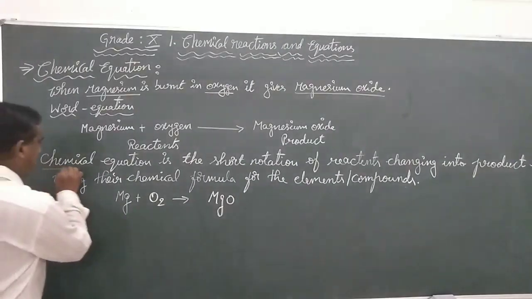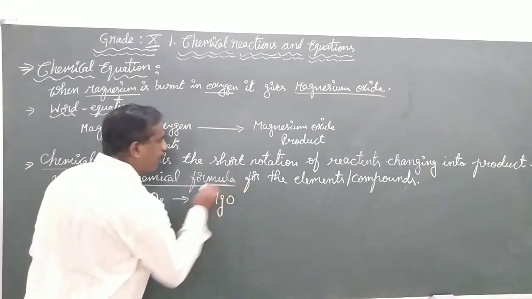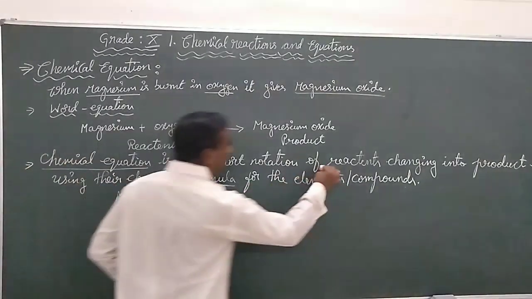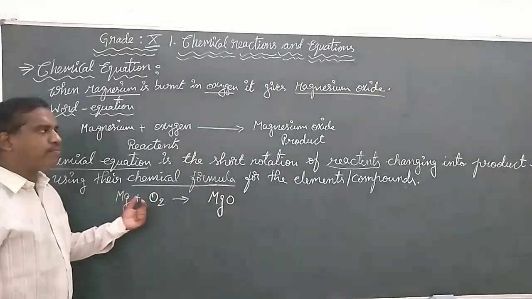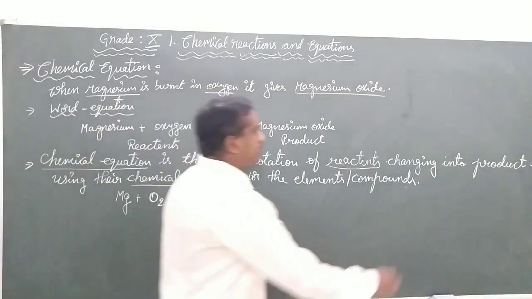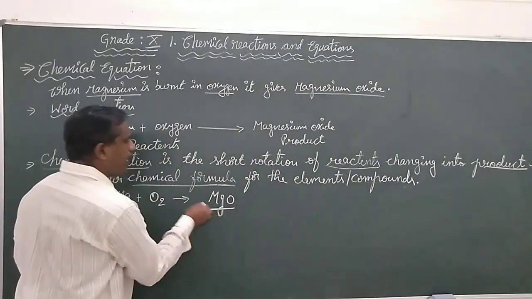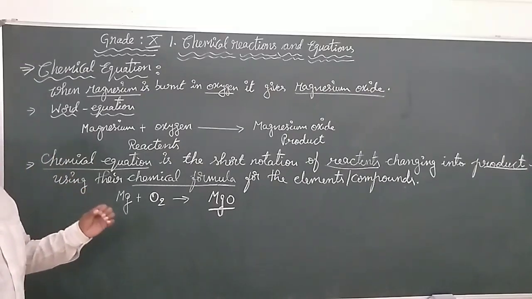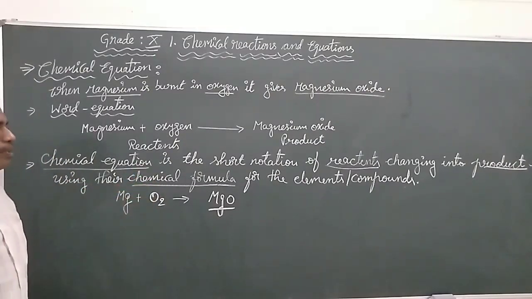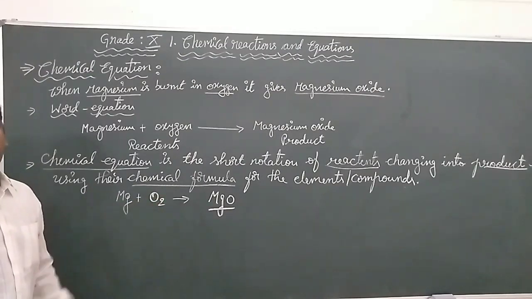So the chemical equation represents the chemical formula of the reactants. What are the reactants here? Magnesium and oxygen changing into products. What is the product that is formed? MgO. So a chemical equation is the shorthand notation for the representation of the change of reactants into products.